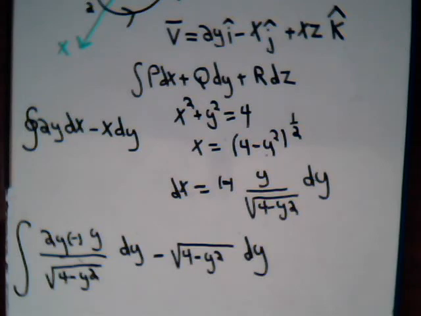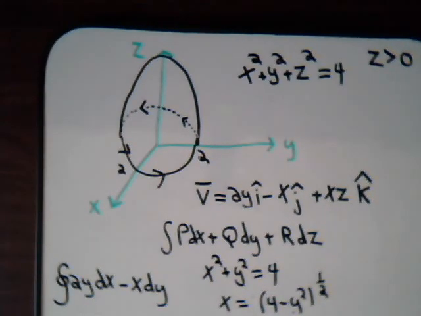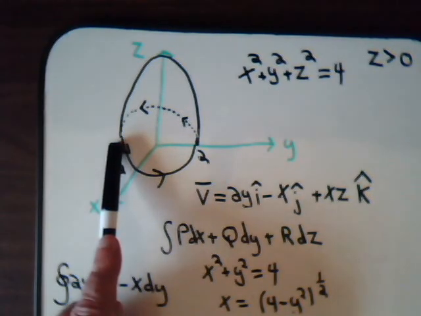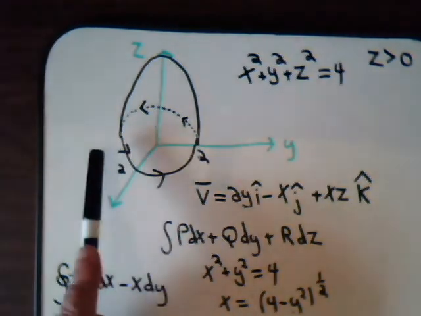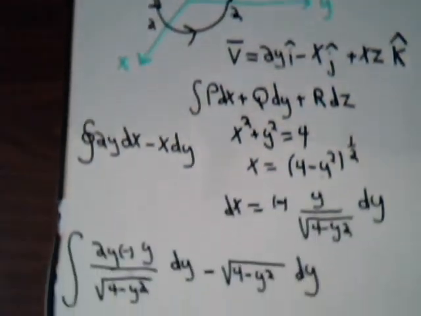So our line integral now is expressed in terms of the variable y and dy, and we're doing it now considering this over this circle. So you can see that y goes from minus 2 to plus 2. That would be half that circle. So we could just say it like this.